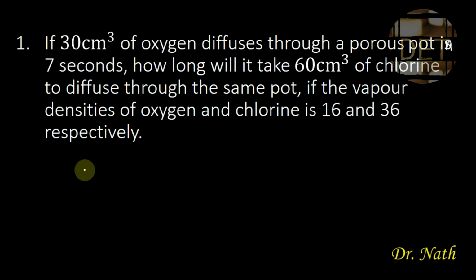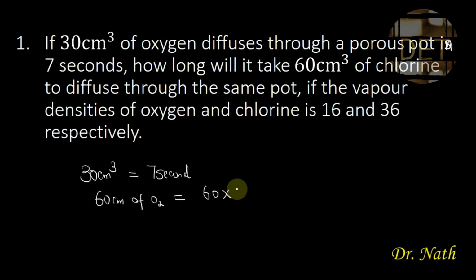So from the question, since we are given that 30 centimeter cube of oxygen diffuses in 7 seconds, 60 centimeter cube of oxygen, O2, will diffuse in 60 times 7 all over 30 seconds.